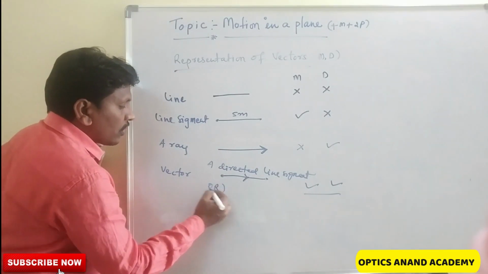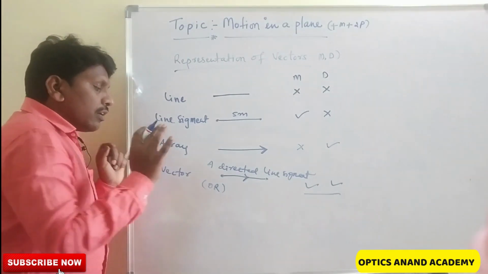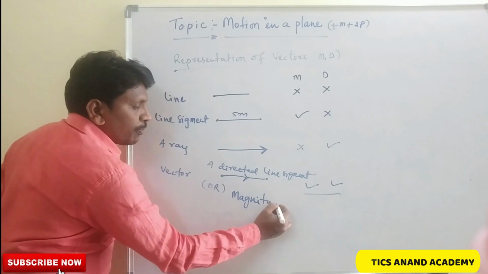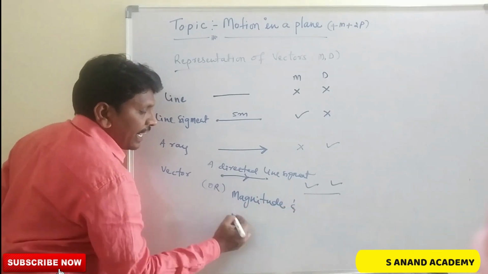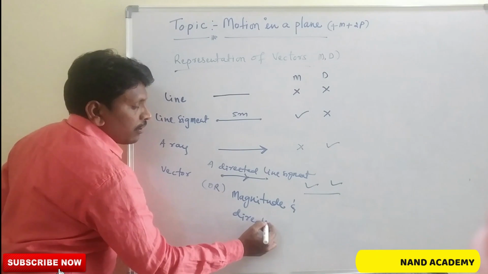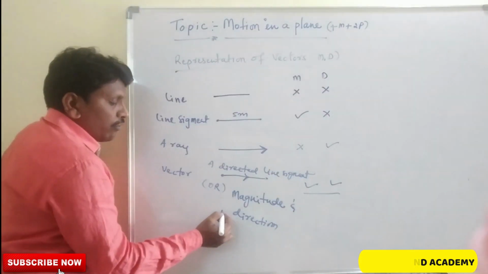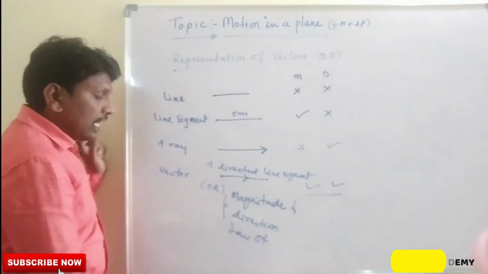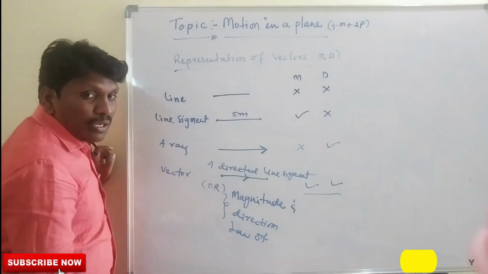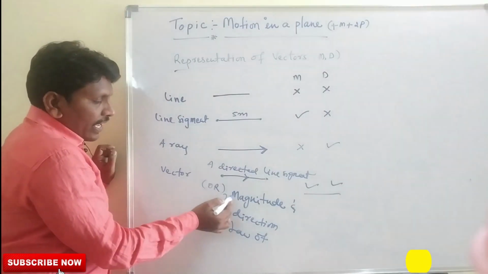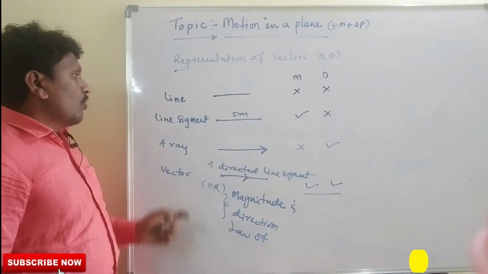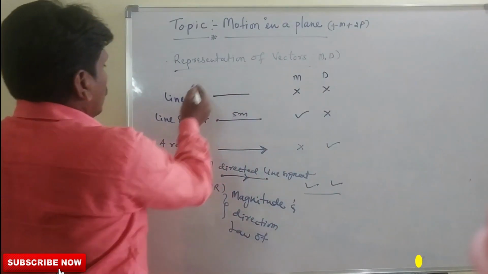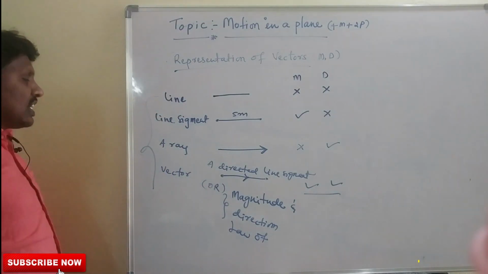Otherwise we can call it a physical quantity which has both magnitude and direction, and which obeys the law of vector addition and the commutative property. So this is known as vectors. This is the basic definition of vectors.